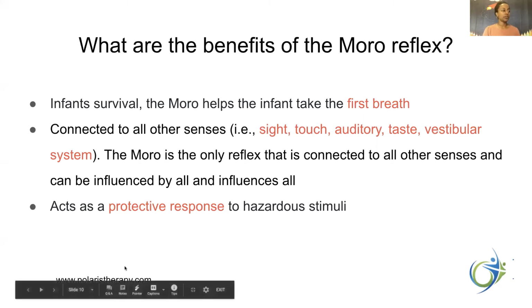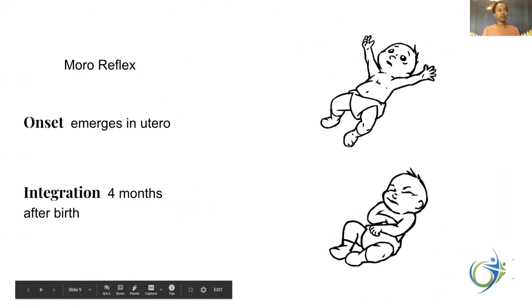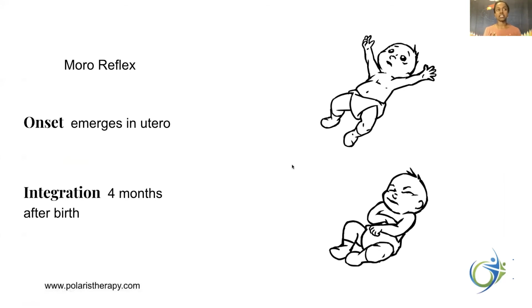Let me go back and see if I can. You can see this movement pattern. When the child has the Moro Reflex, what happens is the child's head goes backwards, almost like a falling sensation, when it feels like it's dropped, or when there's a loud noise, or a tap, or anything that startles the baby, the infant, you see this kind of response.